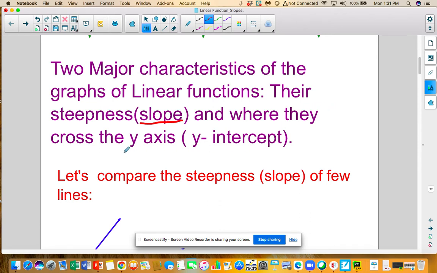And we are going to be talking also about the y-intercept. That is where the line is crossing the y-axis. So slope and y-intercept will be our focus. Most problems that deal with linear functions require you to have a good understanding of slope and y-intercept.